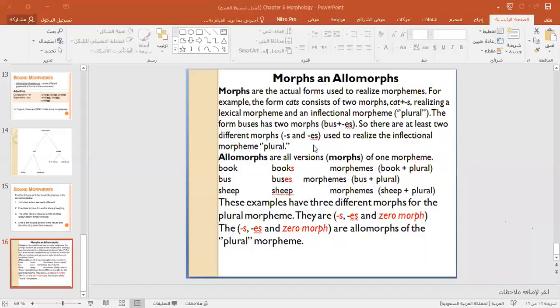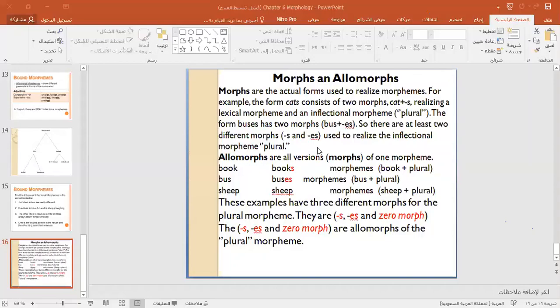So a morph is the actual form that is used to realize a morpheme. For example, when I say goes and talks, the third person singular present tense is added to the verb. In goes, do we add s or es? Es. But in the word talks, we add only s.